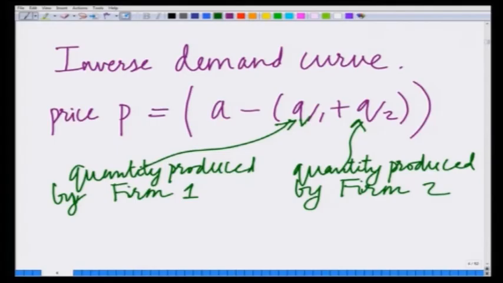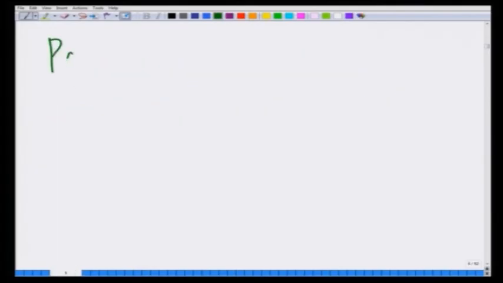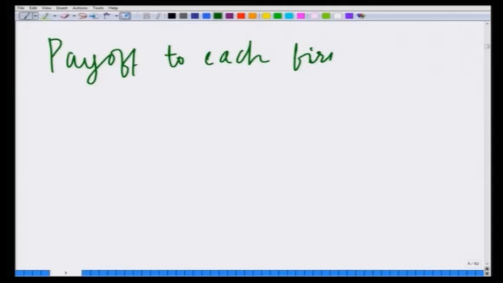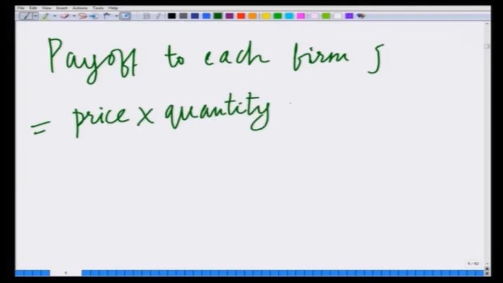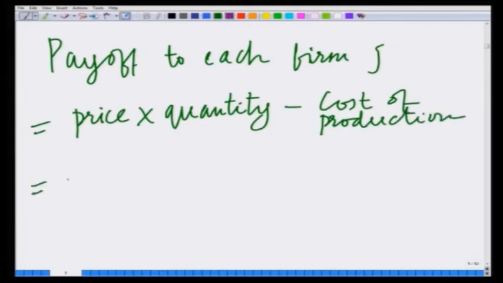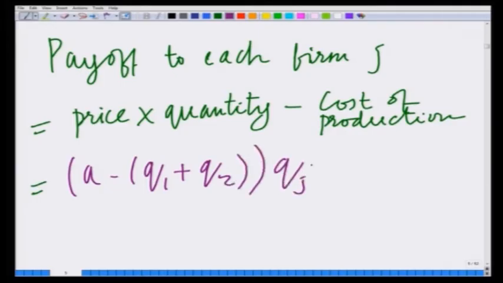Now, therefore, the payoff to each firm j equals price per unit times the quantity minus cost of production, which is equal to, remember the price is A minus (Q1 plus Q2) times the quantity Qj produced by firm j, minus Cj times Qj.